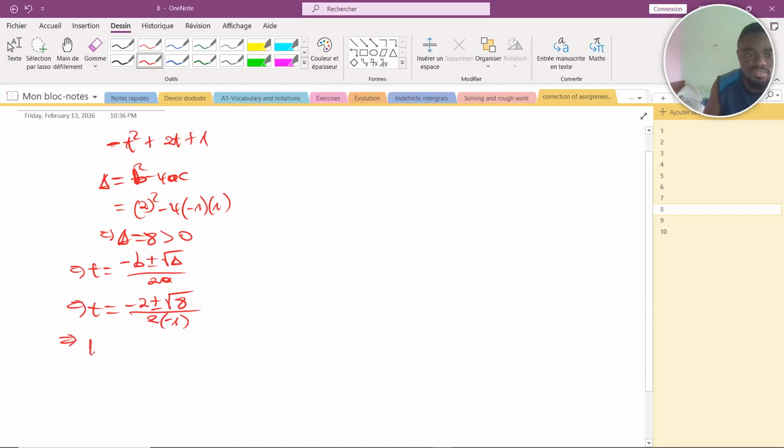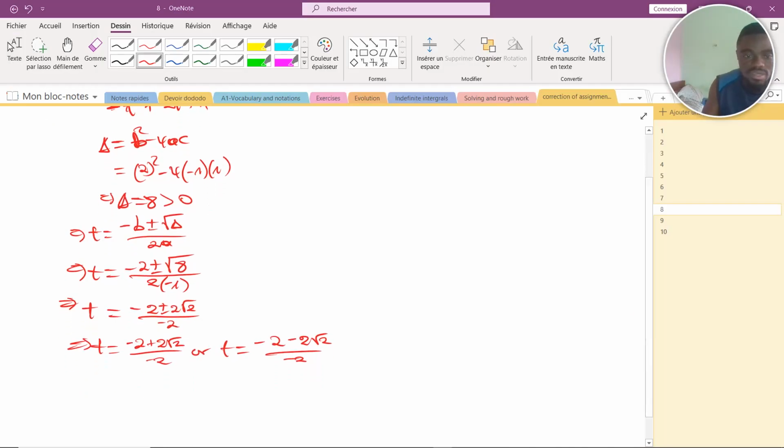This implies t will be equal to minus 2 plus or minus 2 root 2 all over minus 2. So this implies t will be equal to either minus 2 plus 2 root 2 on minus 2, or t will be equal to minus 2 minus 2 root 2 on minus 2.